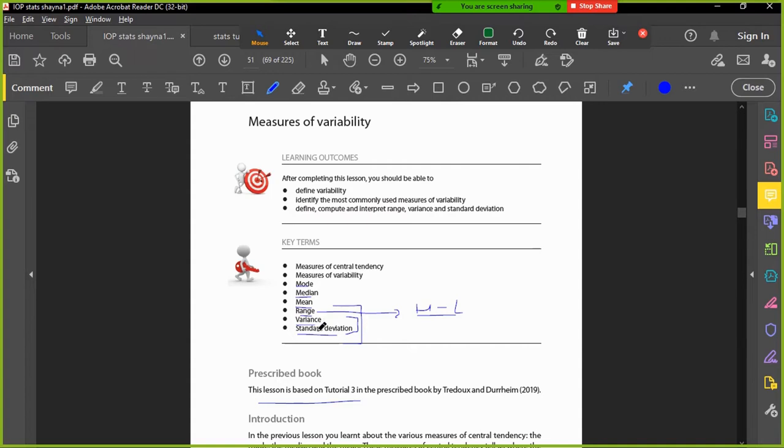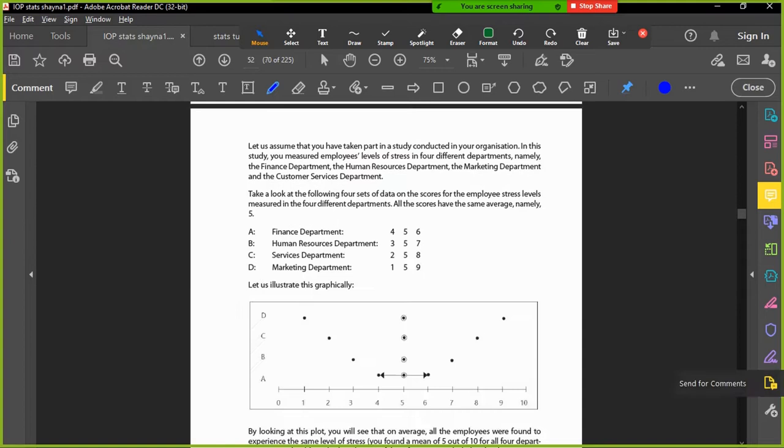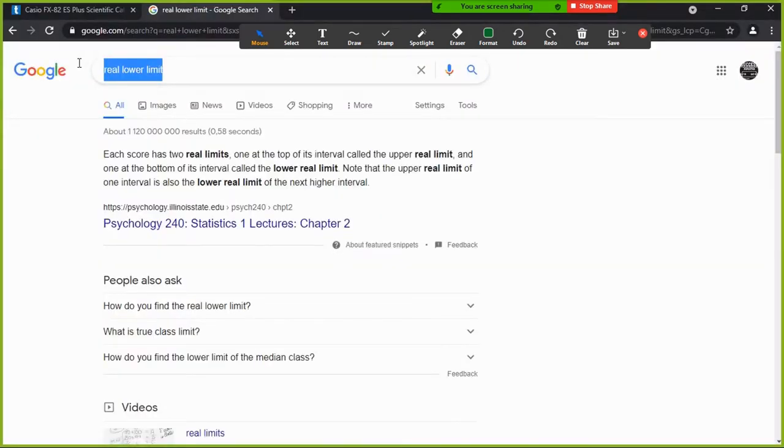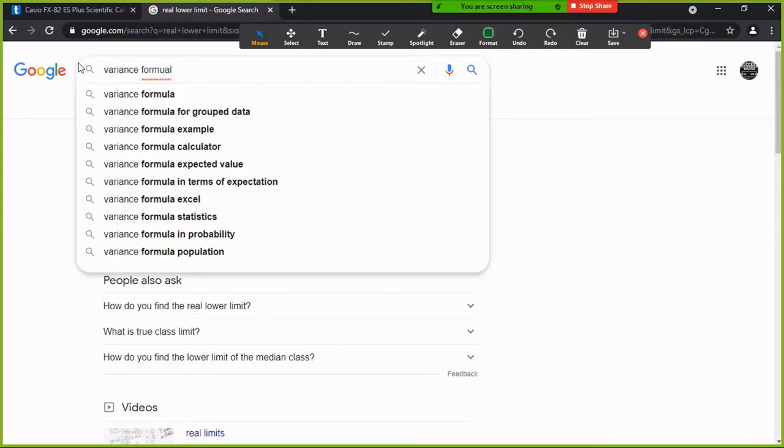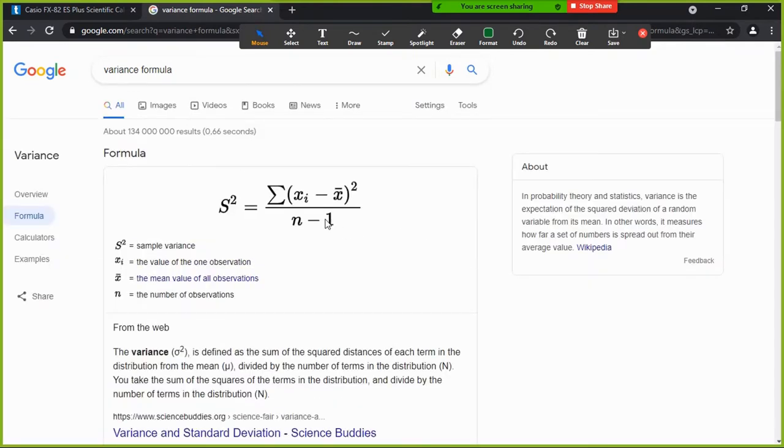Actually, let me just put it up here. It'll be easier than trying to remember it. Okay, it was minus 1 instead of plus 1. I was close. It's the sum of everything over n minus 1. There's the formula. That's what it looks like.